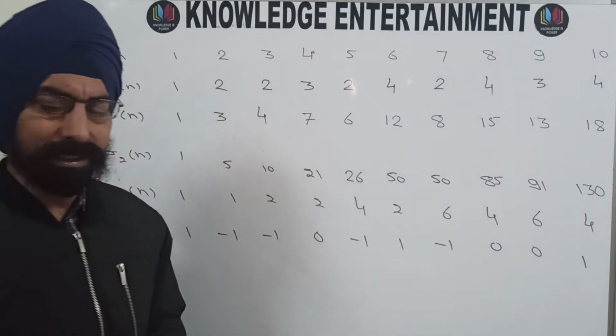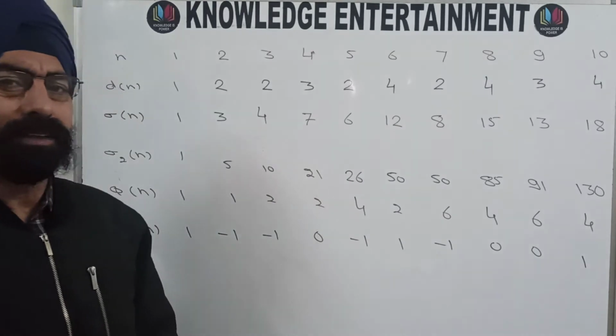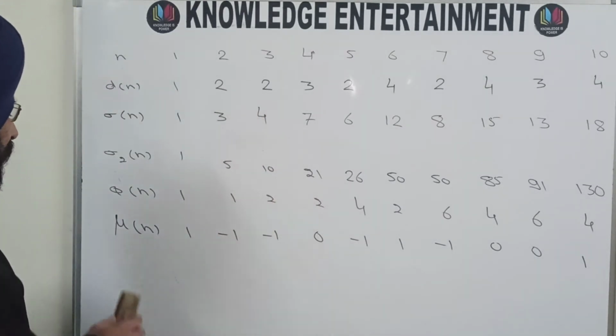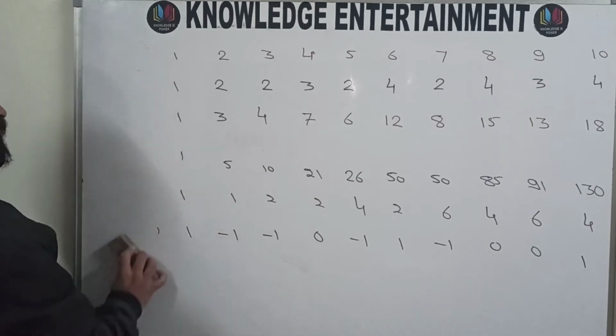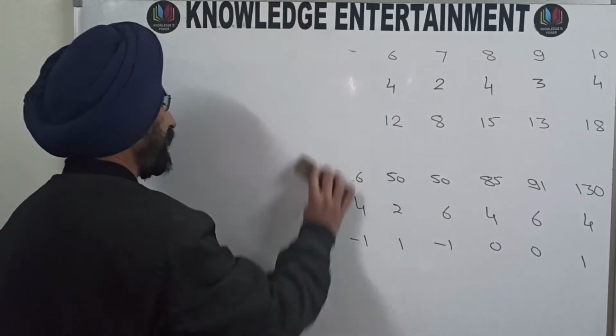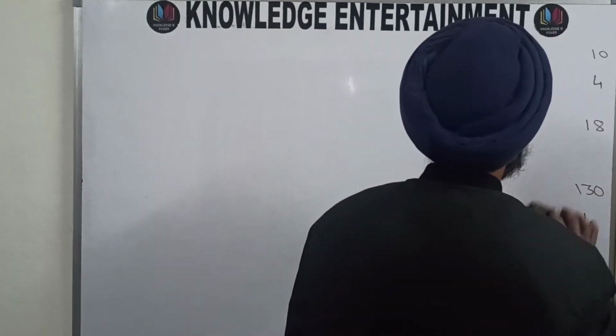So I think from this table you can well understand these arithmetic functions d(n), sigma(n), sigma_k(n), phi(n) and the Mobius function mu(n).